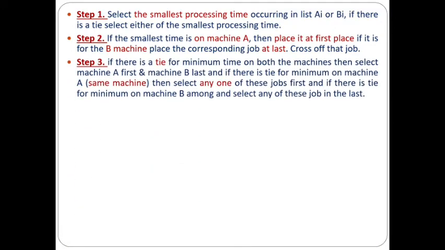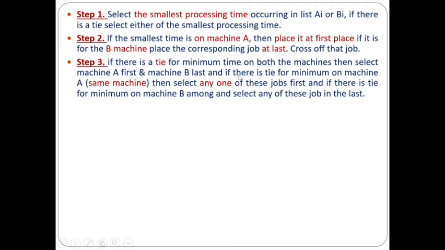And while selecting the smallest processing time, if one of the processing times is on machine A and another is on machine B, we can easily schedule the job with the least processing time on machine A first and on machine B at the last.